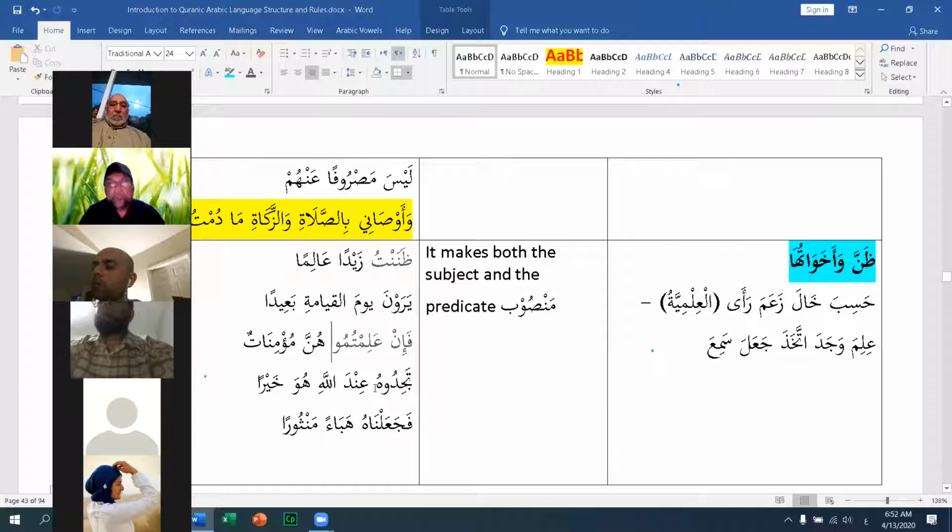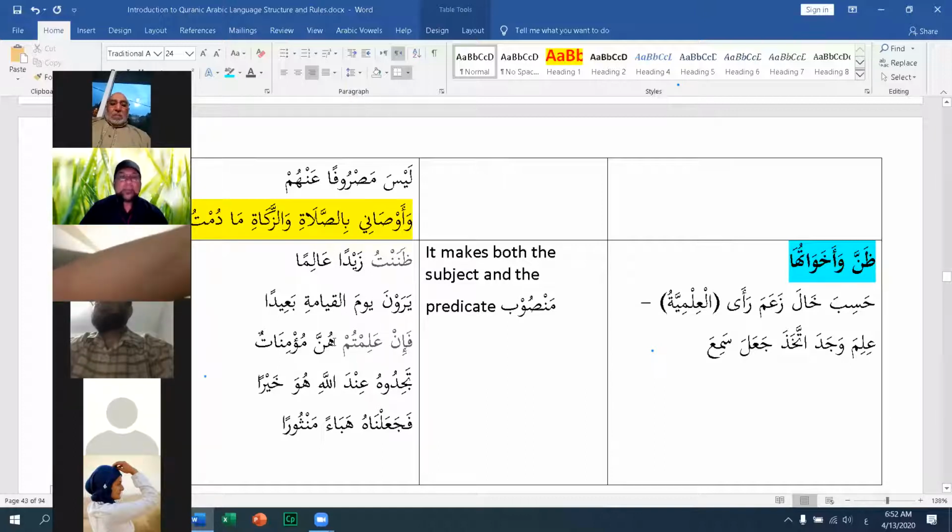This here is originally علمتم. You know. So I'm separating it so you can see. Alimtum, you know. But know here means to know something as something. You know them as believing women.